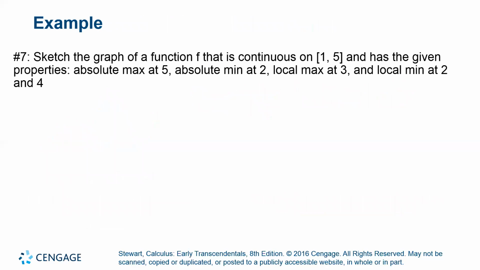Now, let us apply this to this question. Exercise number 7 says that we want to sketch a graph of a function f that is continuous on the interval 1 to 5 and has the given properties. It has absolute maximum at 5, absolute minimum at 2, local max at 3, and local minimum at 2 and 4.